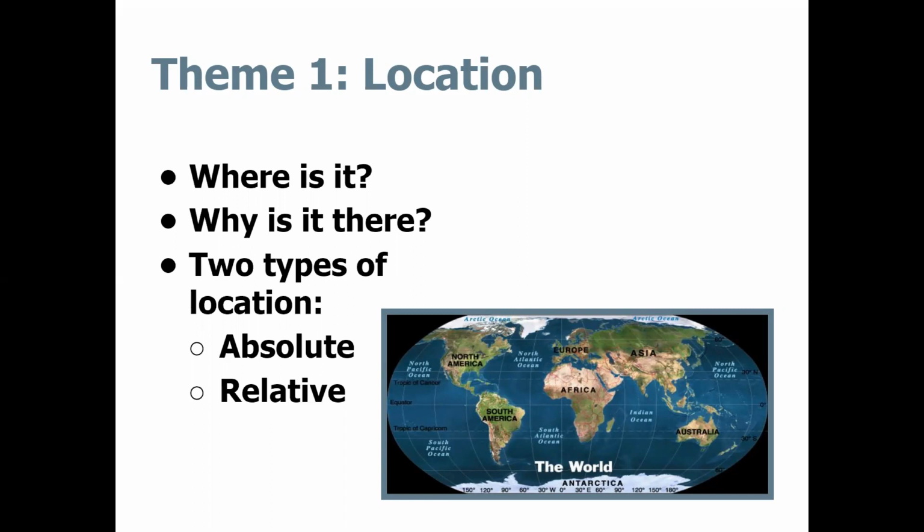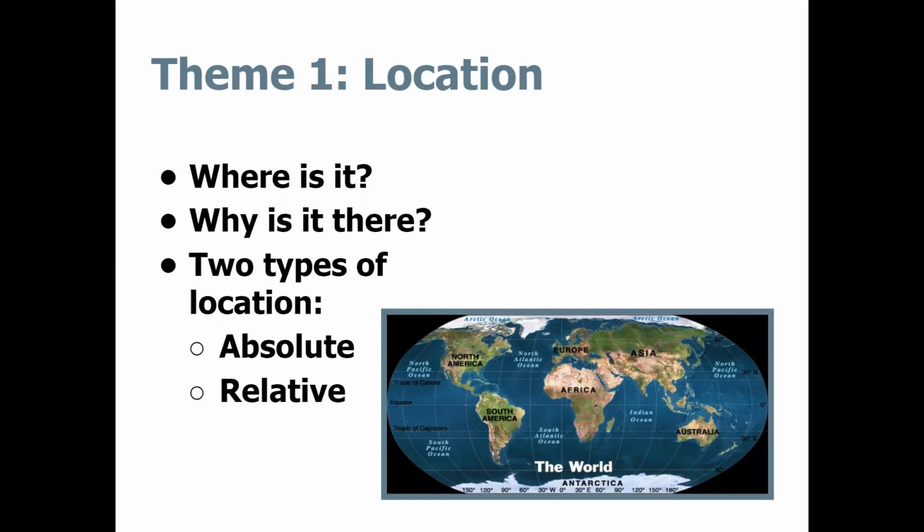Now, we're going to look at 2 different types of location. First, absolute location. Does anyone know or maybe has a guess as to what absolute location is? What would absolute location be?